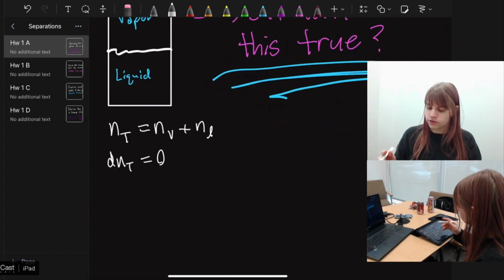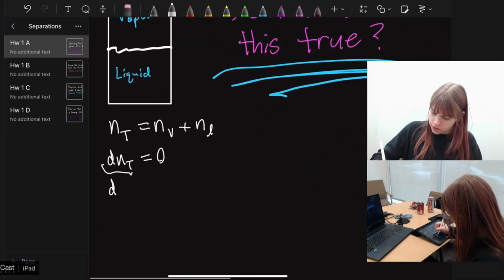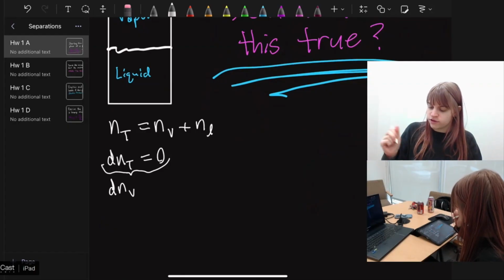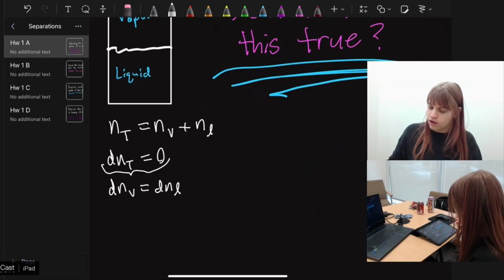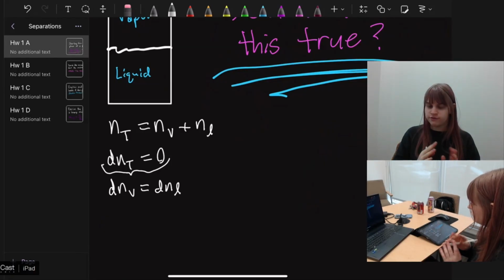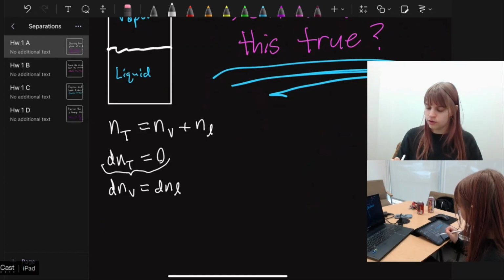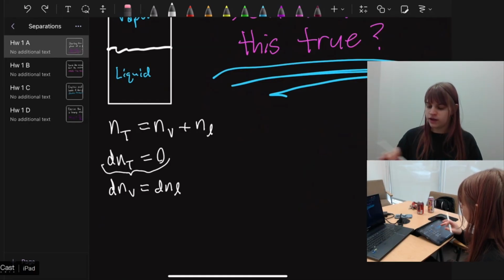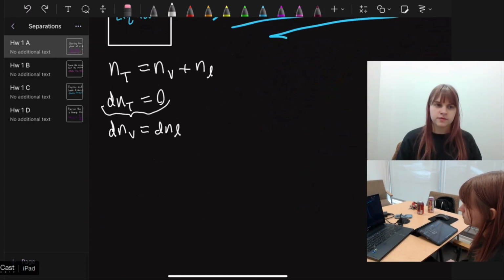And then we can also say that any change in the vapor phase moles of this pure component should be equal to the change in the moles in the liquid phase. Since this is a pure component, we can say that.